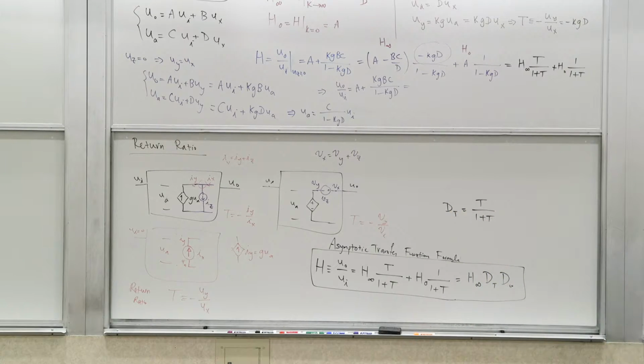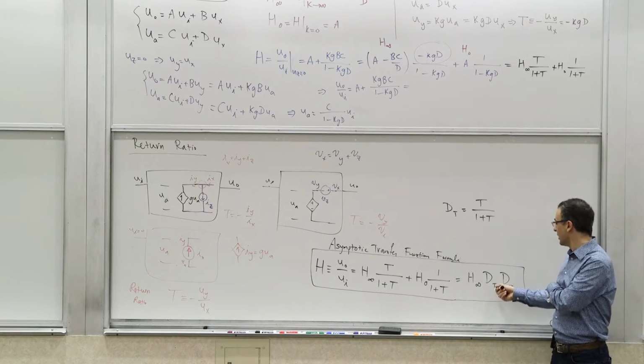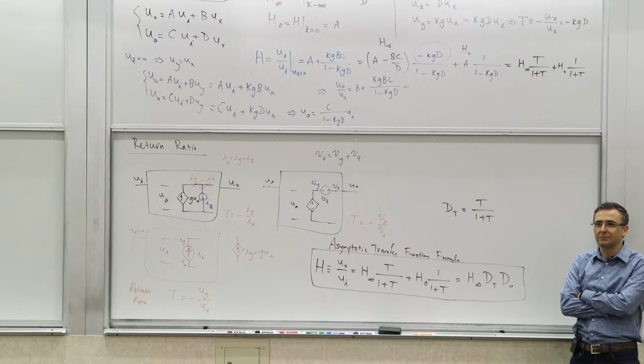is t over 1 plus t, right? So if you look at it, you see it's less than 1. And when t becomes large, when your return ratio becomes large, which basically means that you have a lot of feedback, it approaches 1. So it shows that if you want this correction factor not to be large, one of the ways is basically by making the feedback very large, having a lot of feedback.